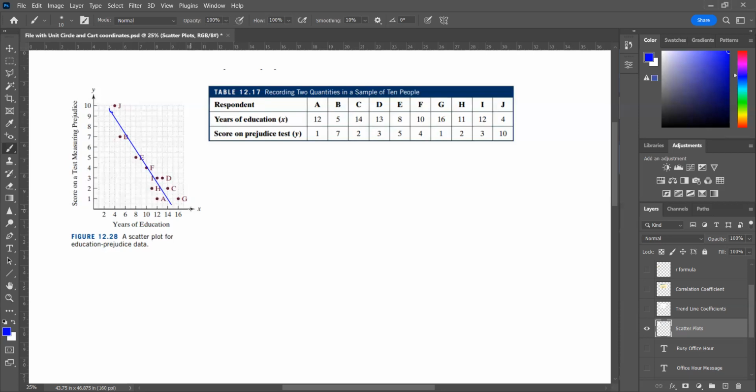And so what we need to find out is how close the data are, because if they're super close to this line, then maybe I can use that line to calculate what would happen with somebody who's not in this data set.